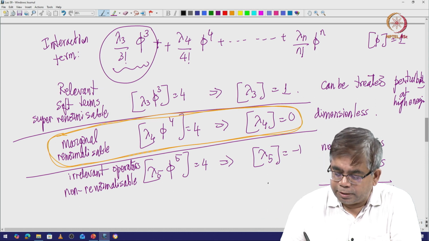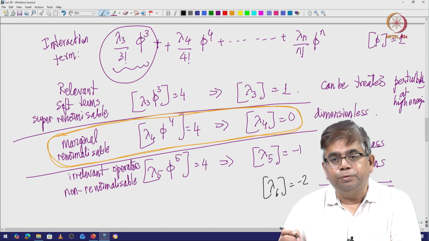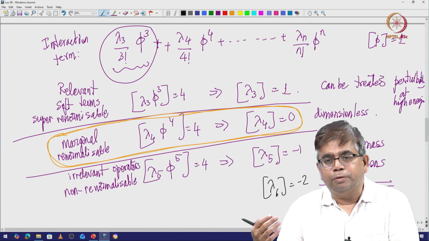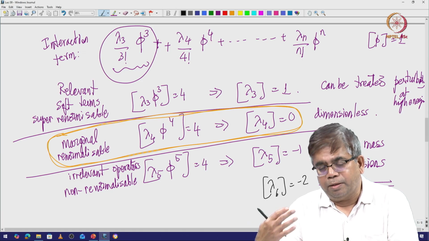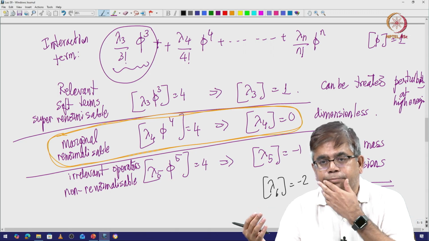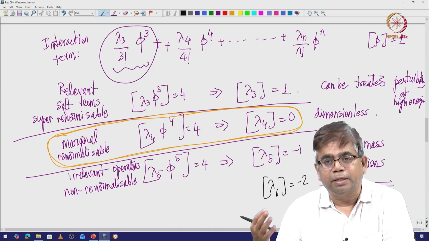So, lambda for phi to the power 6 will contain something like negative 2 mass dimensions, and we know that it grows very fast with energy, and it has problems in connecting with the physics at the end of the day.